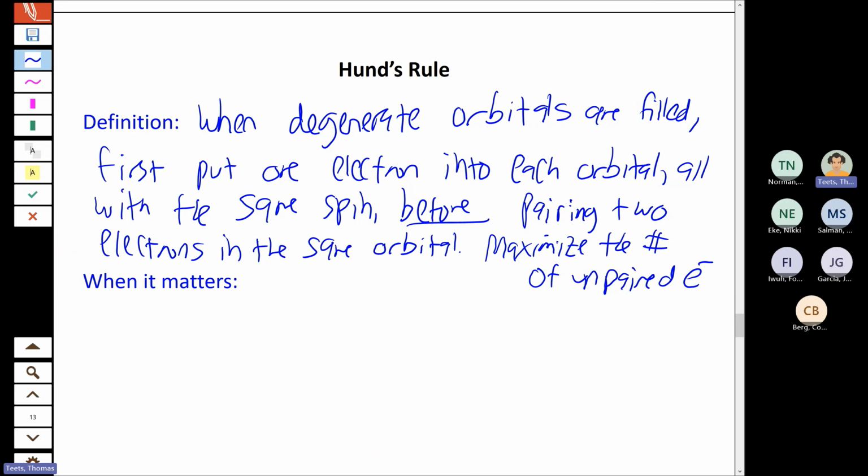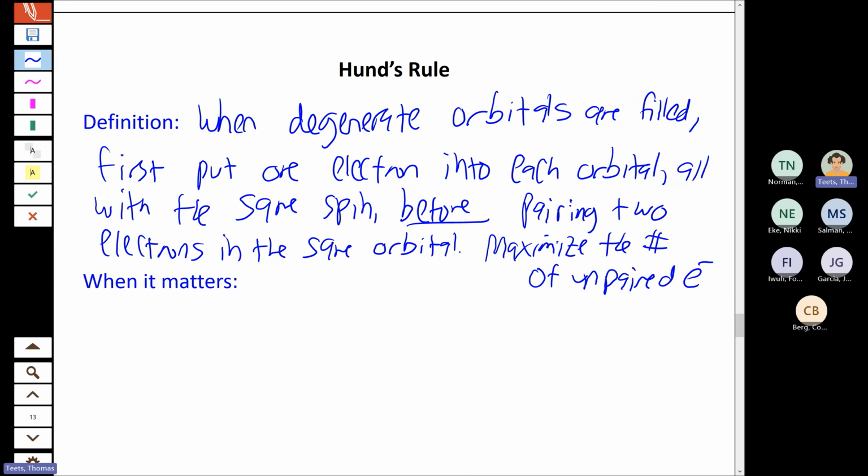If it's completely filled, then obviously each orbital is going to have 2 electrons in it, one spin up, one spin down. But for partially filled subshells, you follow this rule to maximize the number of unpaired electrons. So 1 electron into each orbital first, all with the same spin, and then you start pairing them up after that if the subshell is more than half filled.